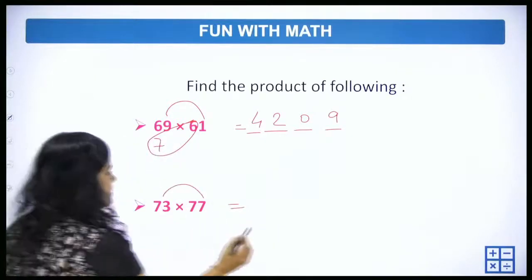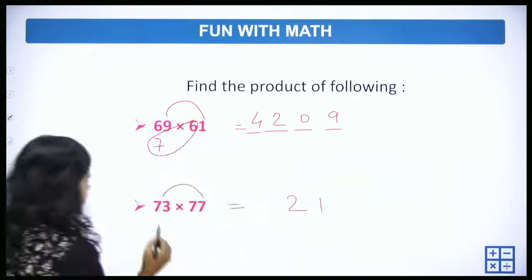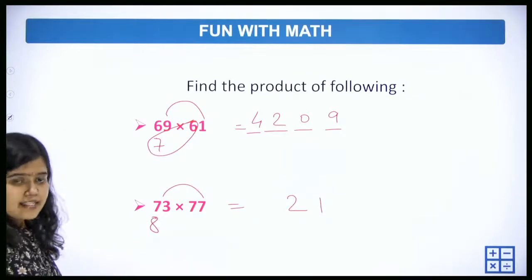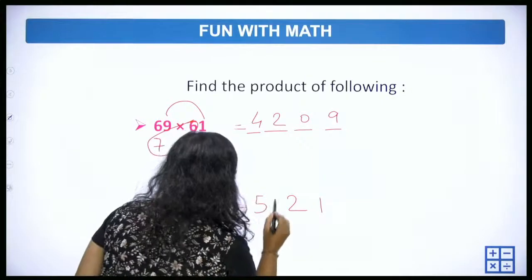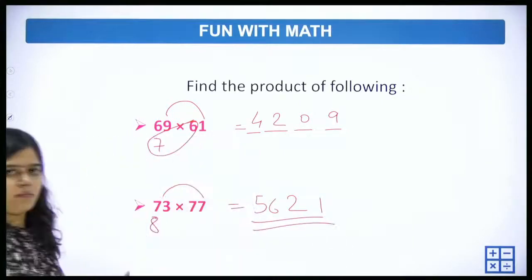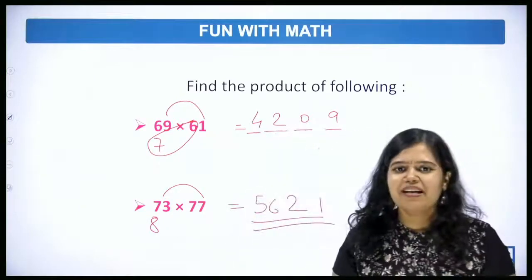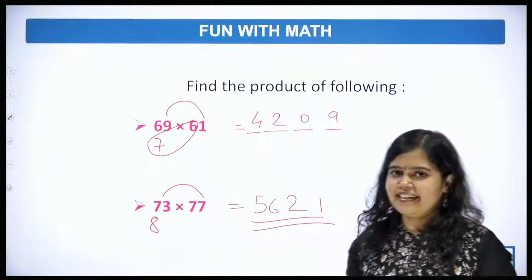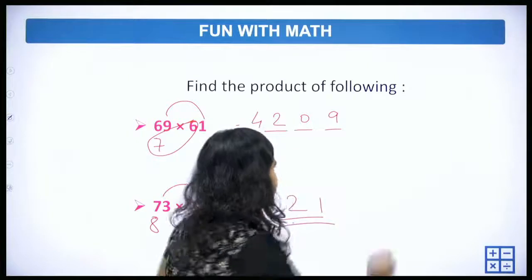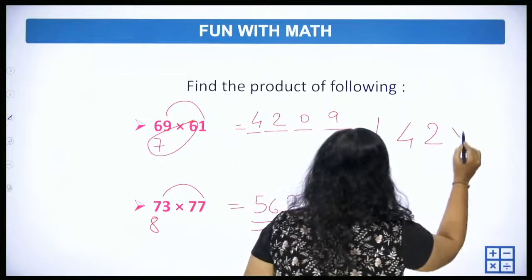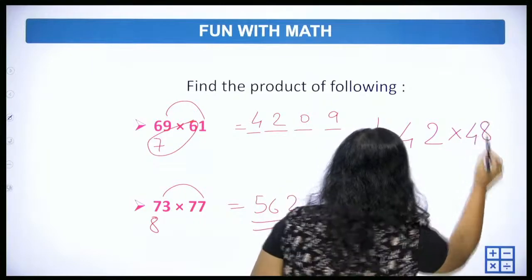7 into 3, 21. 7, so you have to take it as 8. 7 into 8 is 56. So 5621 is the multiplication product. Without doing all the calculations, I am getting the answer so easily. Let us solve one more question. 42 into 48.